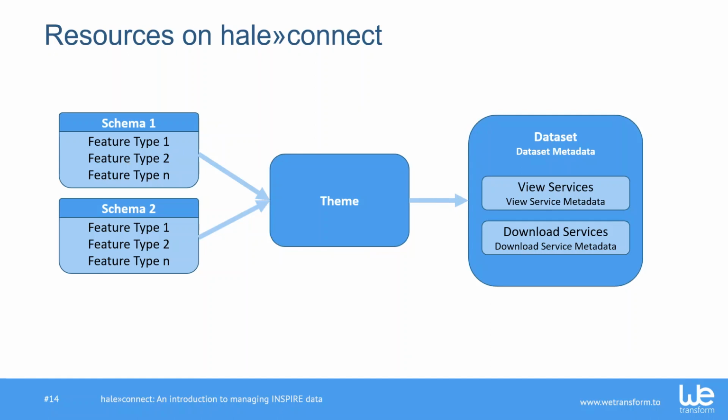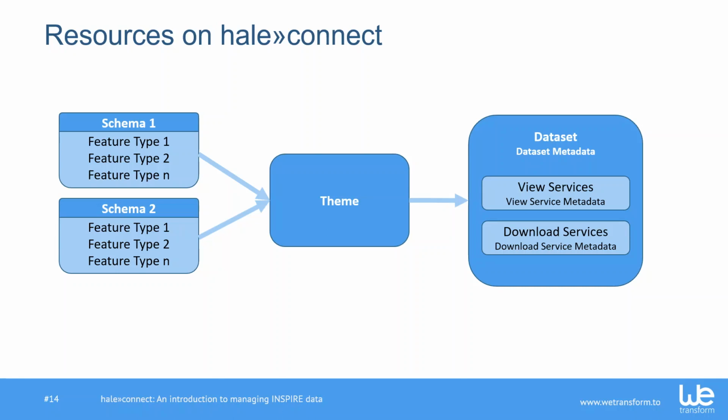This is a good diagram which shows the basic resources that you need to create on Hale Connect, and I'll be showing you a little bit more about this in a live demo. First of all, you start off with your source schema, which contains your data. You may have just one schema. You may use more than one schema. That's possible. You have your theme. A theme you can think of as a configuration file or the settings.